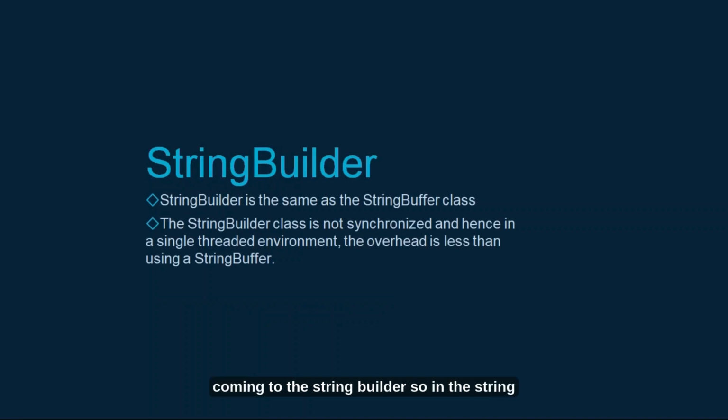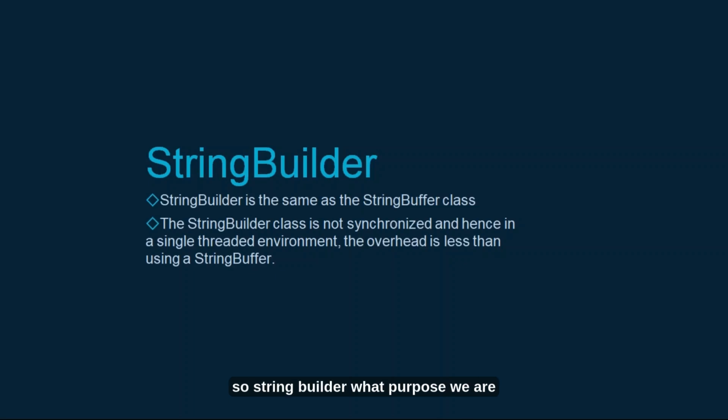Now we are coming to the string builder. In the string builder scenario, suppose that you don't have a multi-threaded environment. Whenever it is an asynchronous environment, with no multi-threaded environment and no synchronization, there you will use the string builder. String builder works in an asynchronous environment.